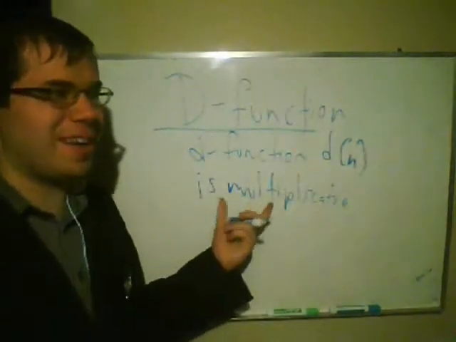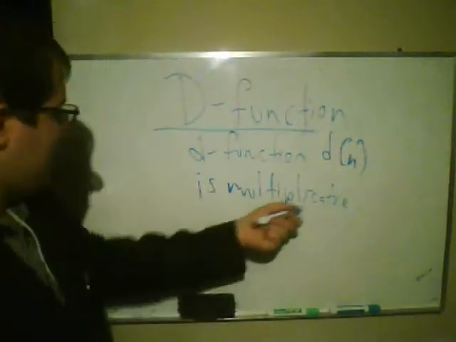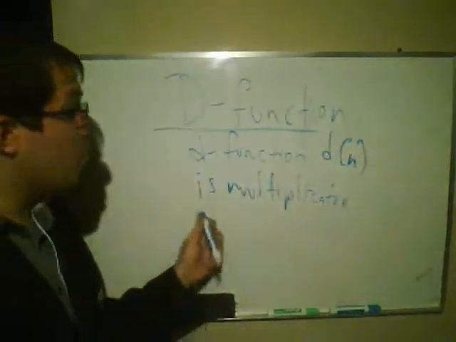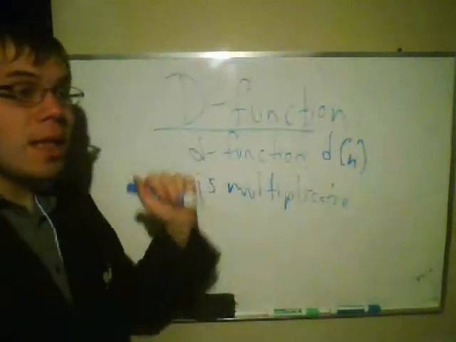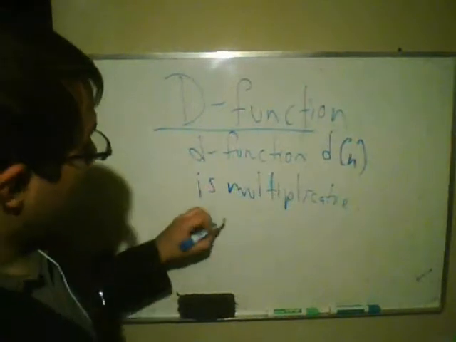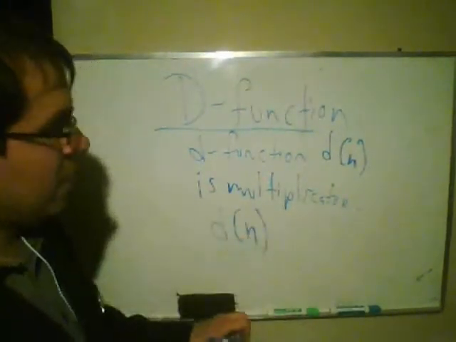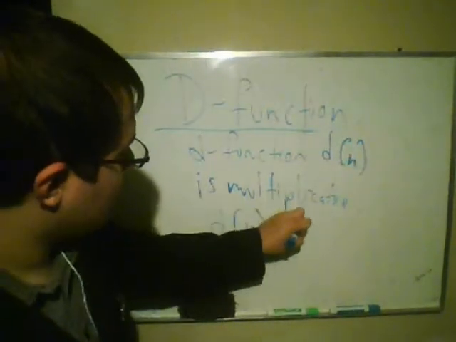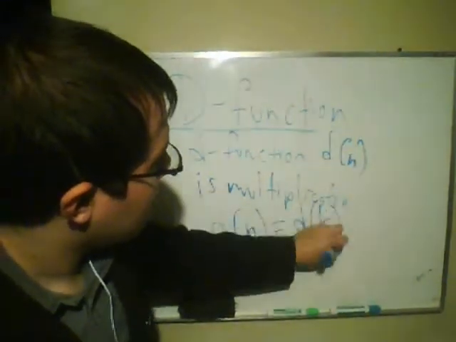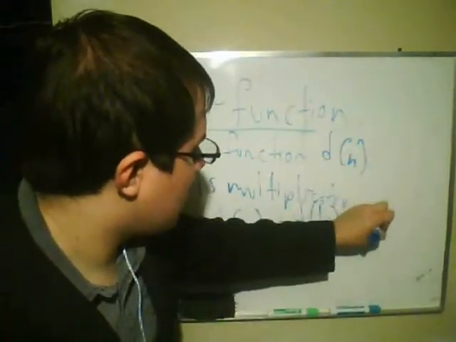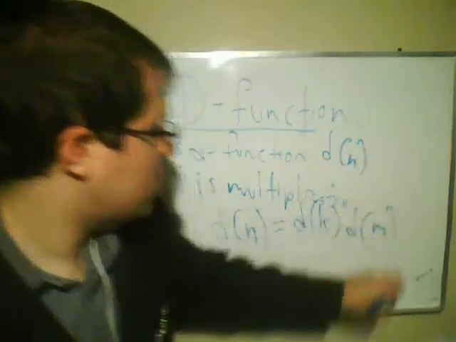I apologize for my writing, it's very ugly. Okay, so d of n is multiplicative. This means that if we're given some arbitrary n for d of n, we can break it into, say, d of k times d of m.